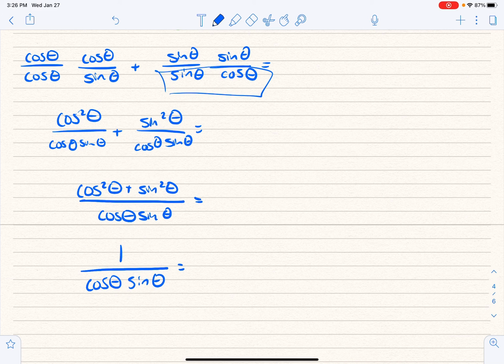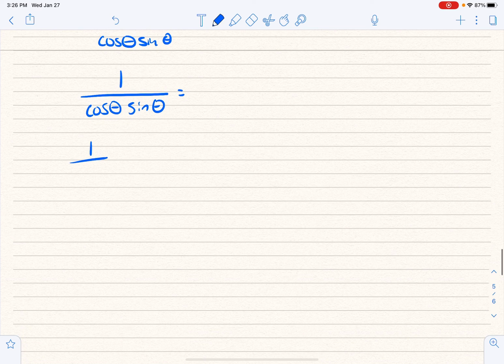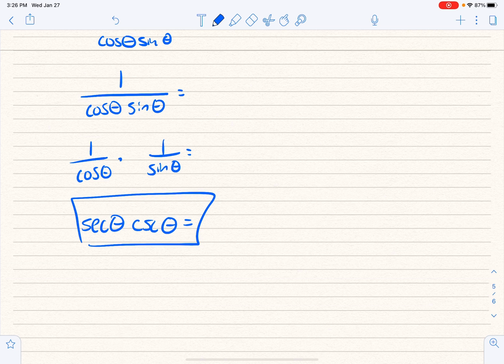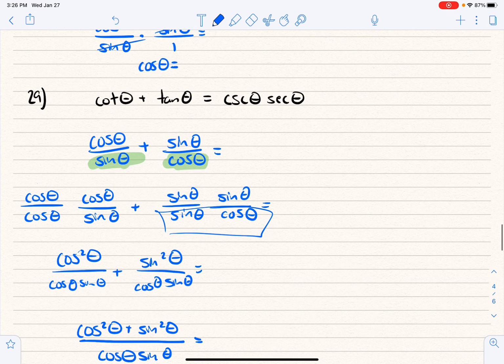And then we can split that. So we kind of break it up just a little bit, where it says 1 over cosine theta times 1 over sine theta. And what is 1 over cosine theta? Well, that is secant theta. 1 over sine theta is cosecant theta. And that is the very thing we're trying to get to initially.